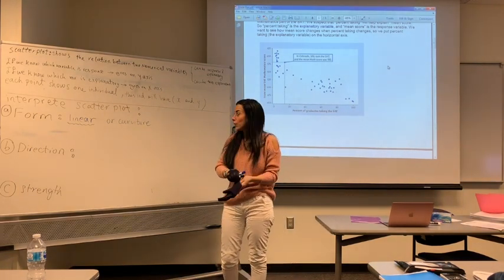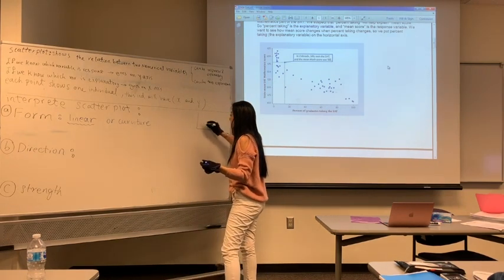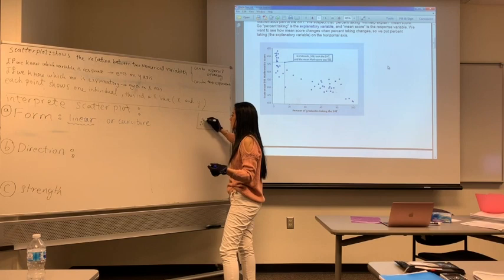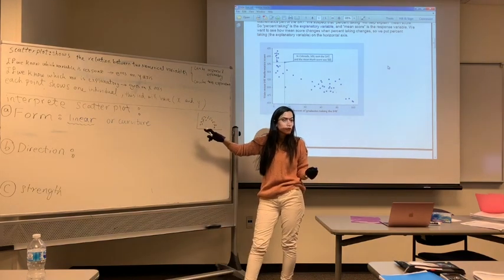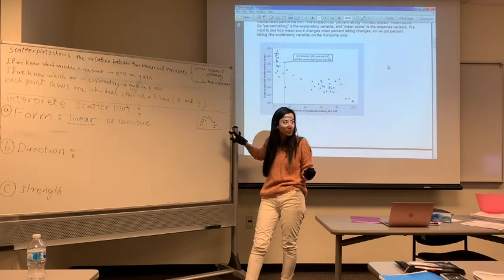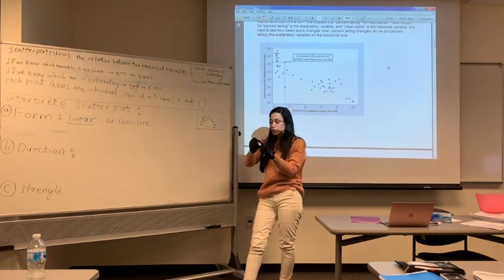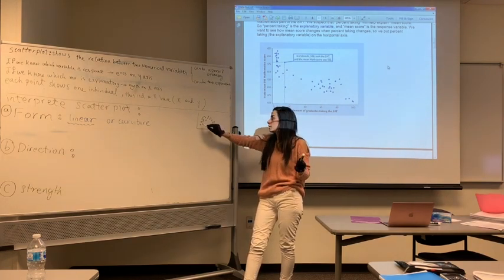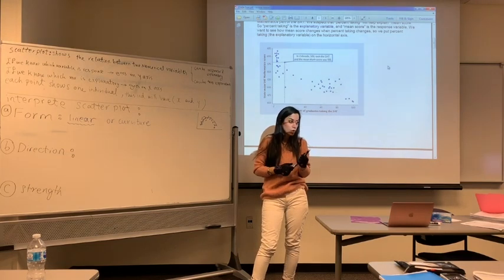In compared to, for example, a scatter plot like this, of course you can see this form is kind of curved, right? Because you cannot pass a straight line through all the points. And there is a form or line, curved line, like this, passing through all the points.